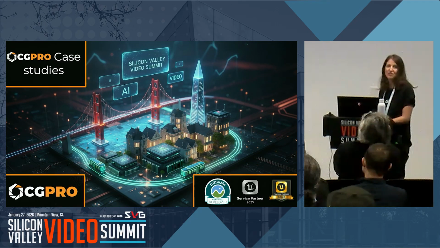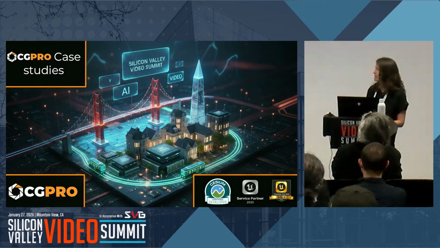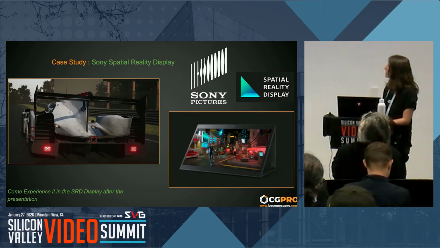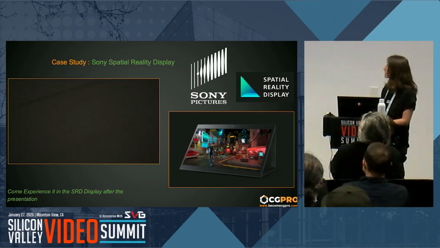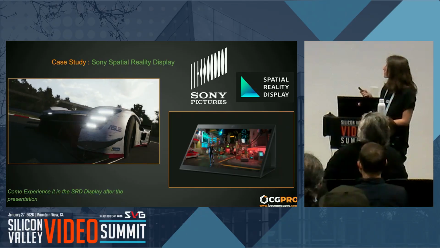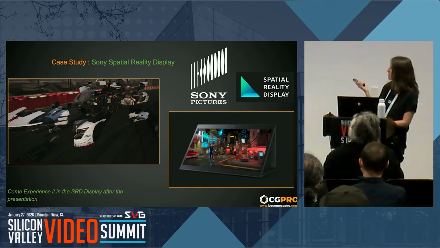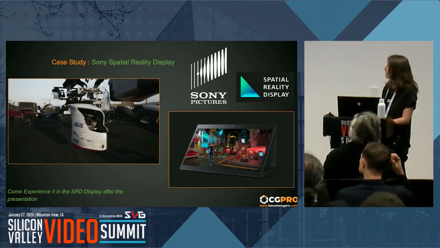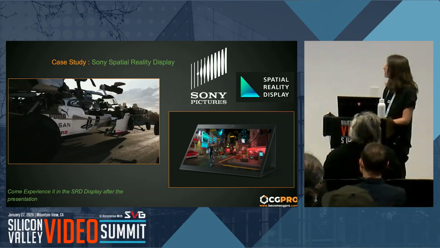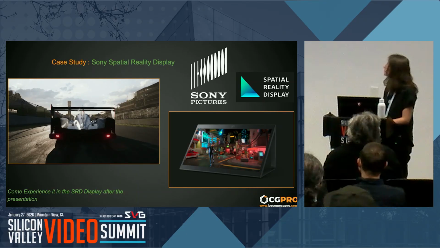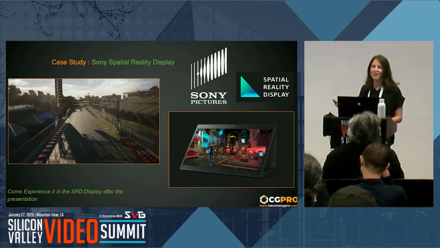And finally, I'm just going to go into some CG Pro case studies. So this is a tool that we used, the Sony Spatial Reality Display, which was basically, this is the actual car that was in the film, oh my gosh, I'm losing the name of the film. That one.